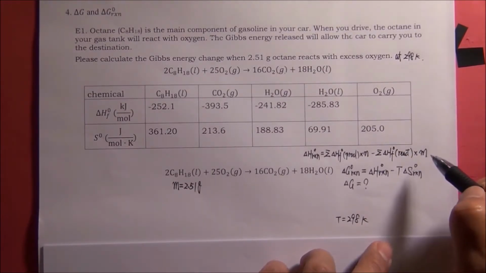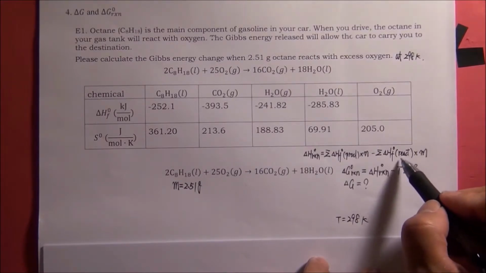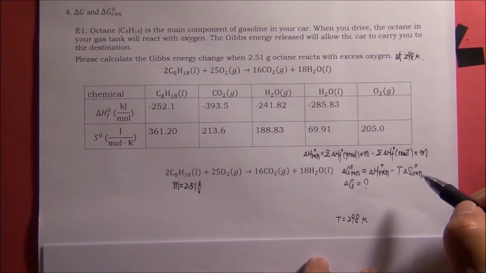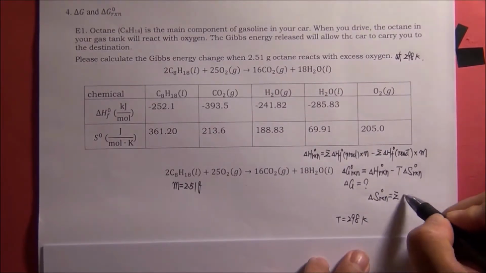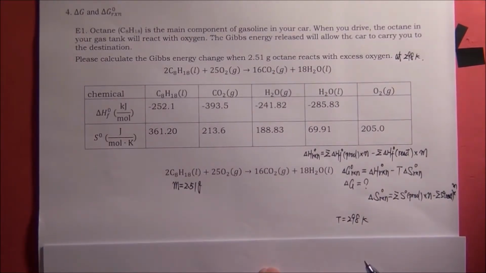M is the corresponding coefficient of the reactants. We have a similar equation to calculate the standard entropy of reaction. From what we have, it seems this calculation is possible.